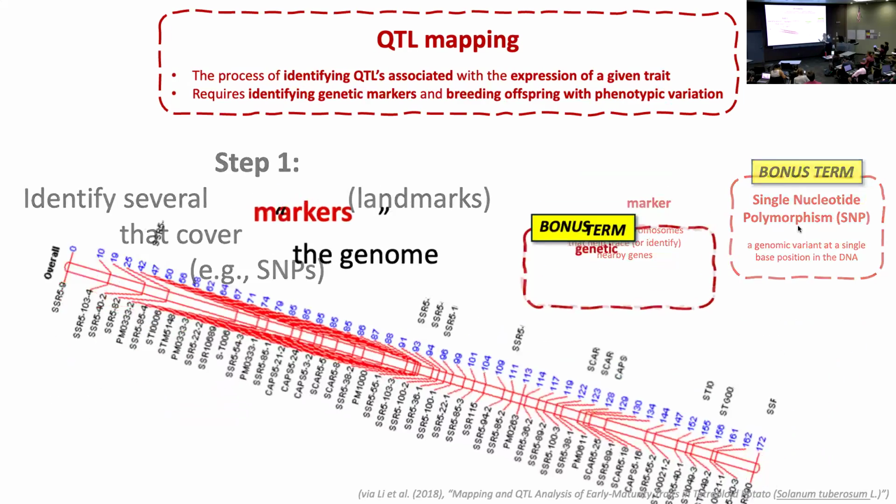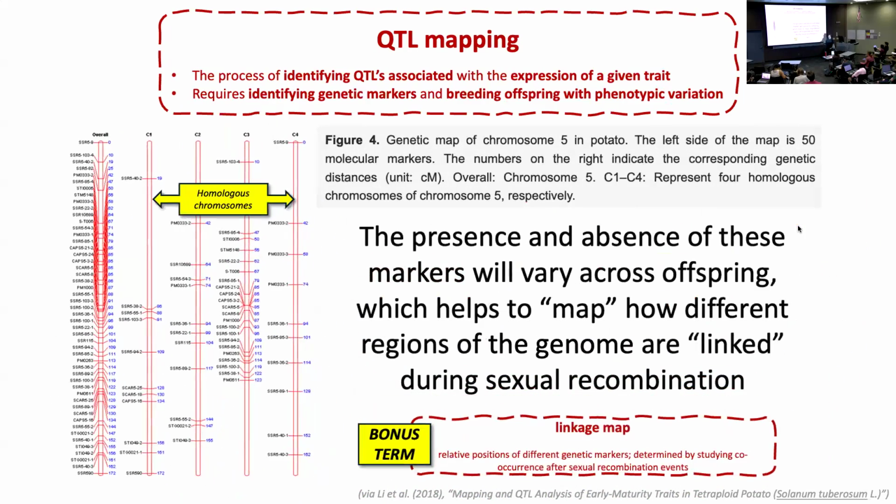Now, the important thing when you choose these markers is this: what we've got here is our chromosome 5, generically, for this potato. These are 4 different homologous chromosomes. If I were to go across different potatoes and grab the chromosome 5, or one of the 2 sides of chromosome 5 on that particular potato, then what we can see here is that across the different potatoes we get different expression of these different markers.